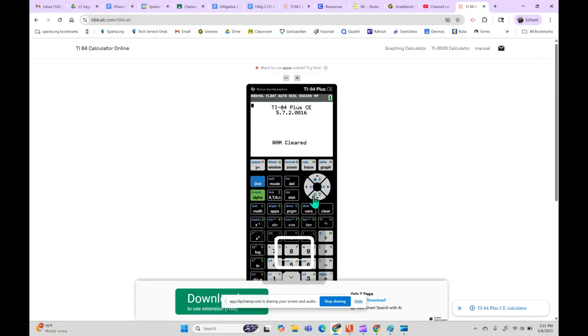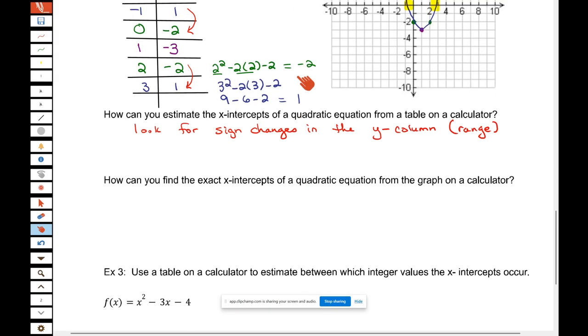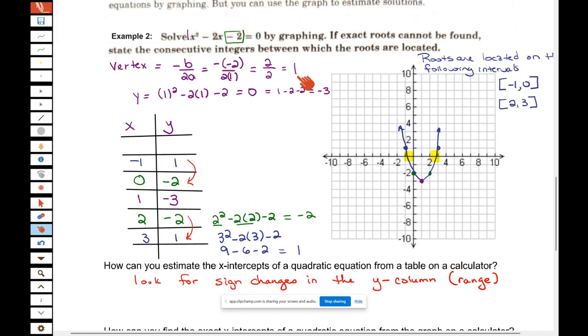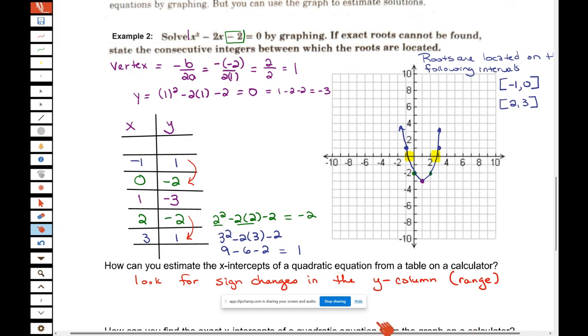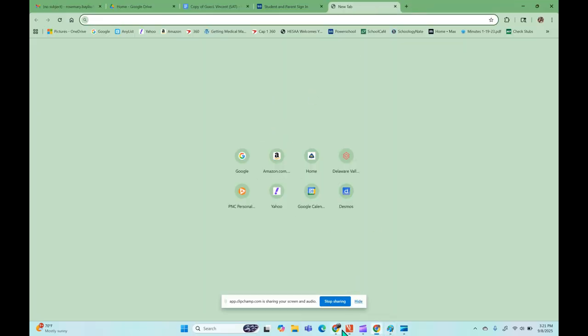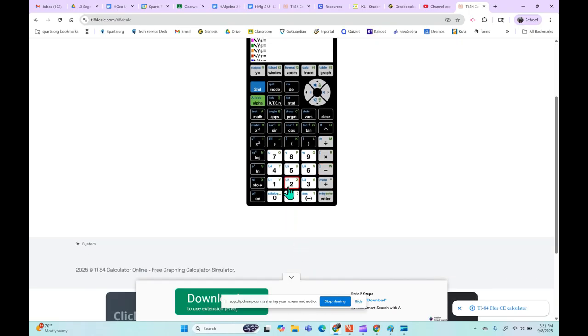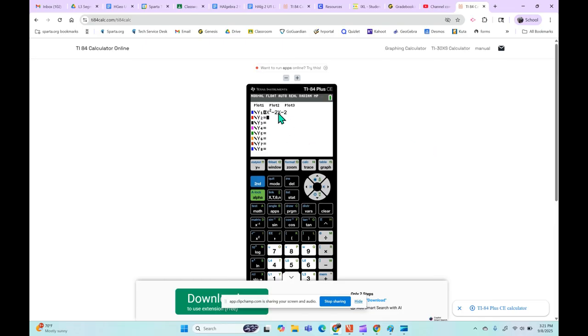I already forgot what it was, so I'm going to take a quick look again. x squared minus 2x minus 2. Okay, so we're going to graph that equation. I'm going to go to the y equals menu and type in x squared minus 2x minus 2. I've got that graphed.